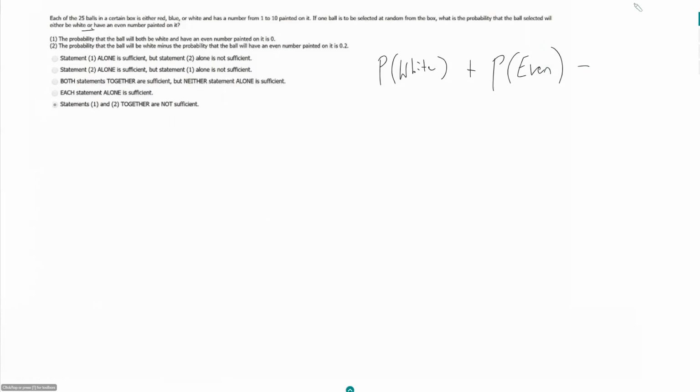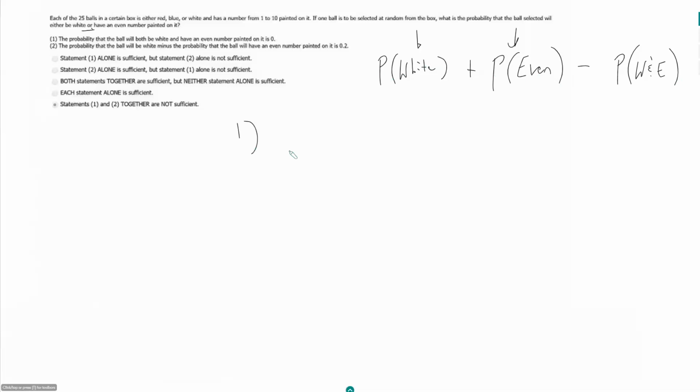We have to subtract those out because they got counted here and they got counted here. So minus the probability of white and even. And that's what we're looking for.